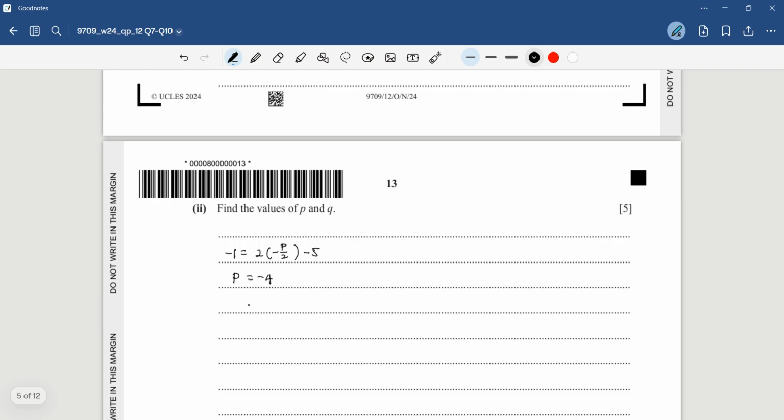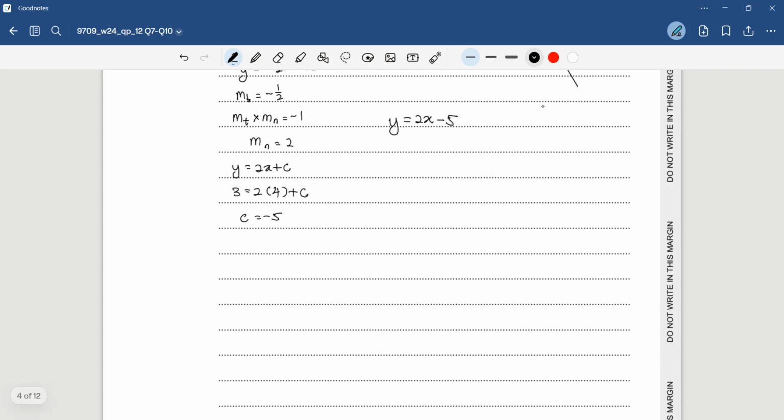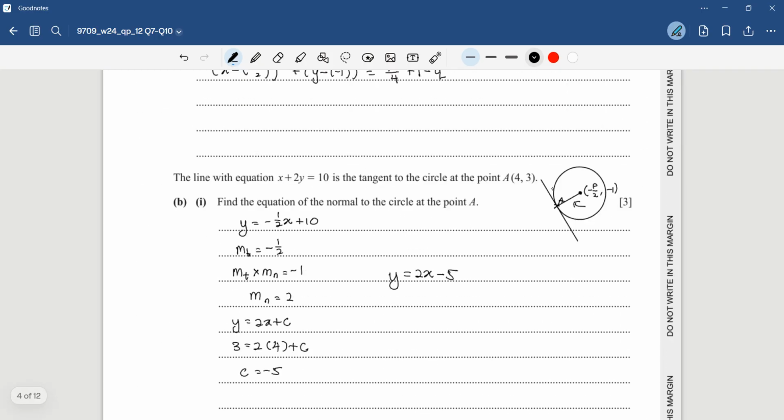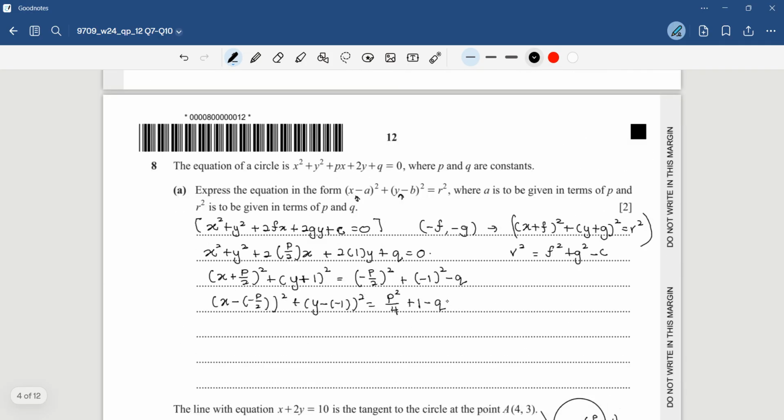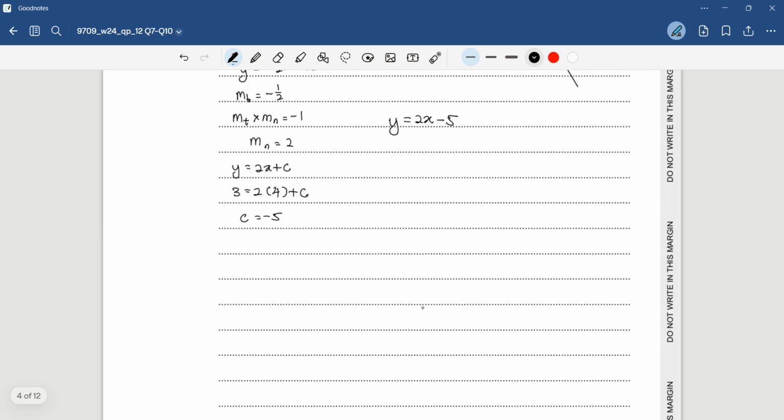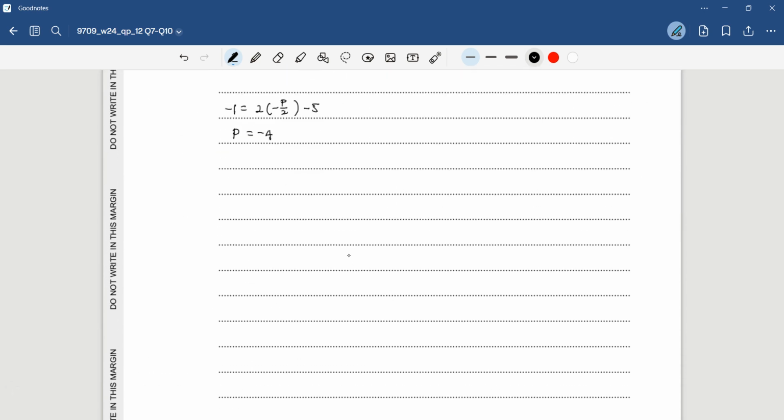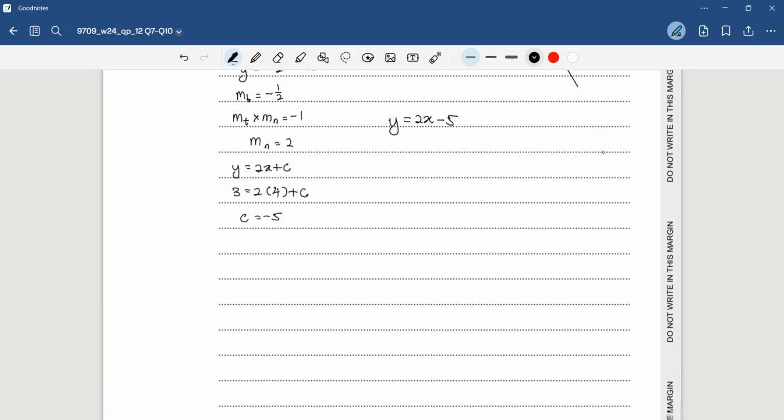Whereas, in order to find q, I need to know the distance so that I can have the r. So you can use this formula. I need to know my distance, my r. So the coordinates are 4, 3 and, am I correct? Let me check.